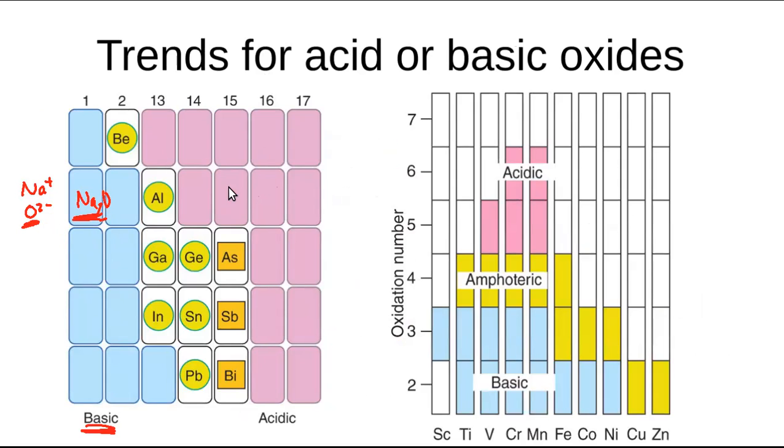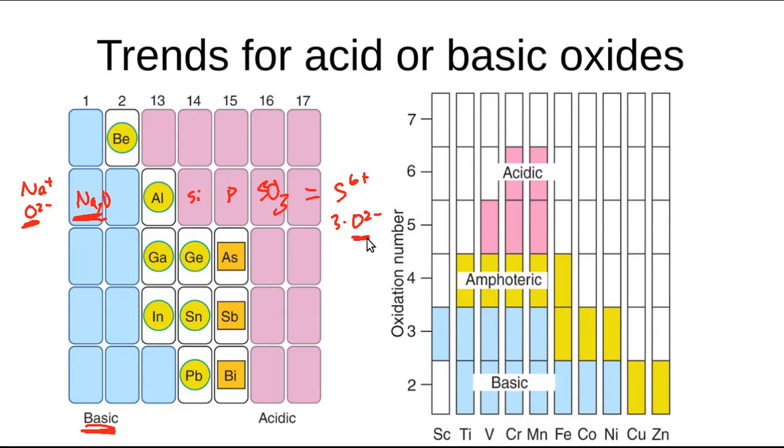Later, suppose aluminum, then we have silicon, phosphorus, sulfur. We can look at the sulfur. What is the oxide of sulfur? It's SO3, for example. And we can see this formally as a 6+ and 3 times oxide ions.